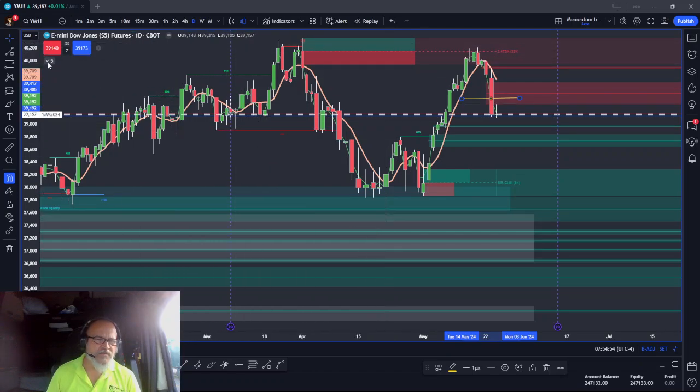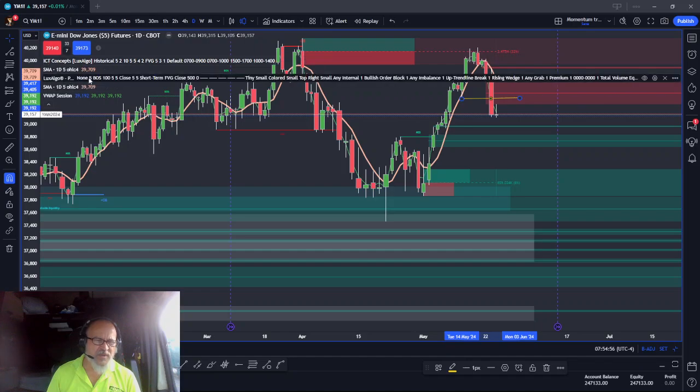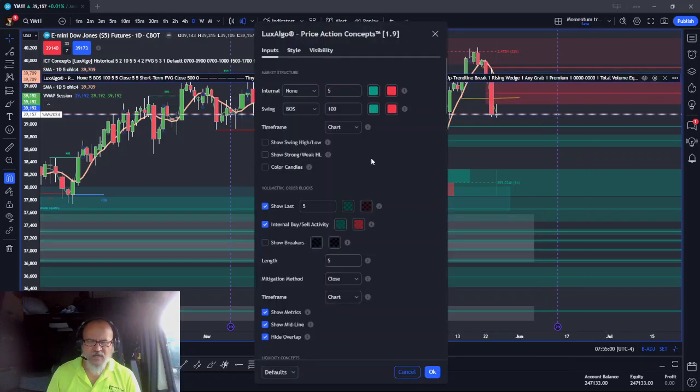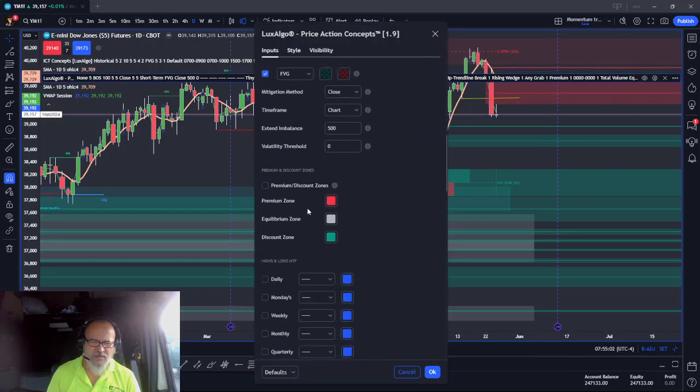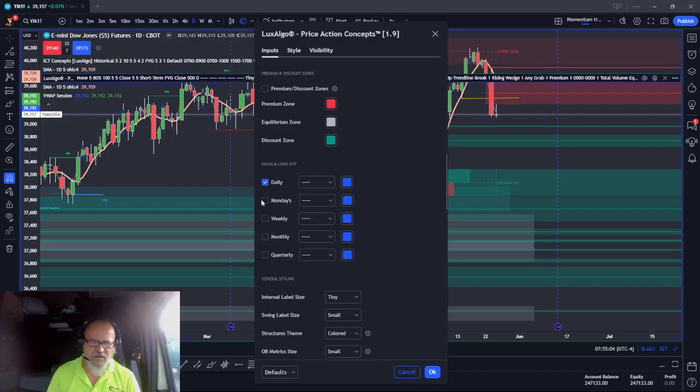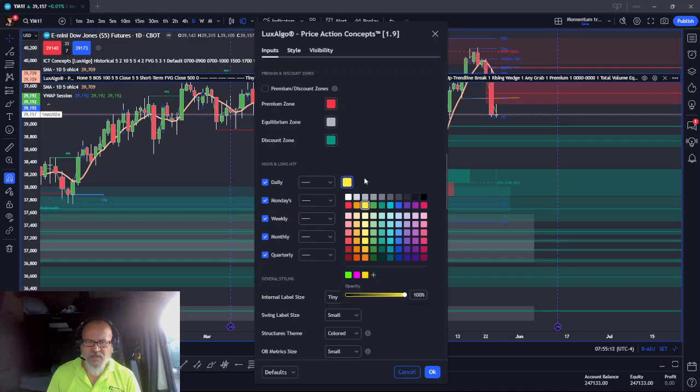Let's see. I do need to put this up on all of them, and I don't know why I haven't. But we need to see our time-based liquidities. And these are all going to be yellow, make them easier to see.